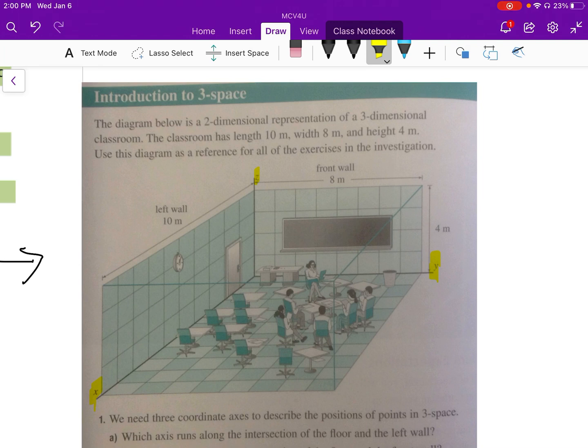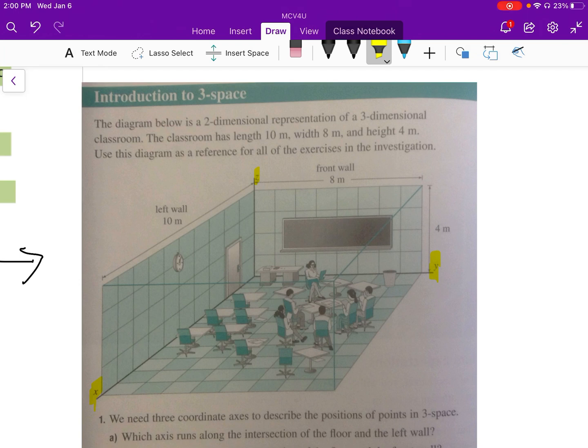They happen to have different side lengths. The left wall is 10 meters long. You can see the cubes, or the squares. The front wall is 8 meters, and the floor is that wide, and the front wall is 4 meters high.